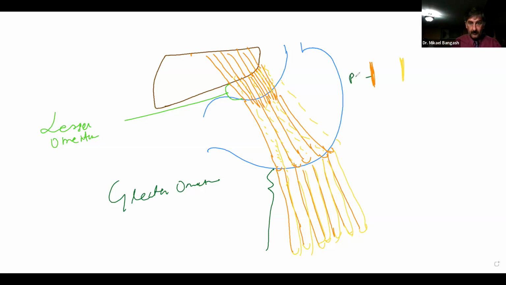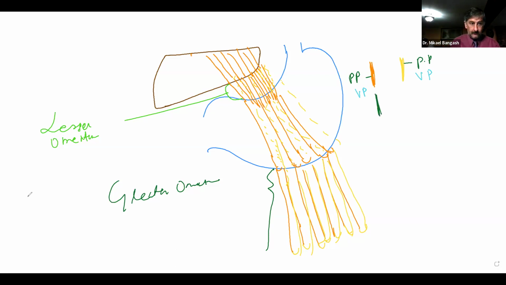It's going to be made of both parietal peritoneum and visceral peritoneum. Likewise, the posterior layer is also going to be made of parietal peritoneum and visceral peritoneum.